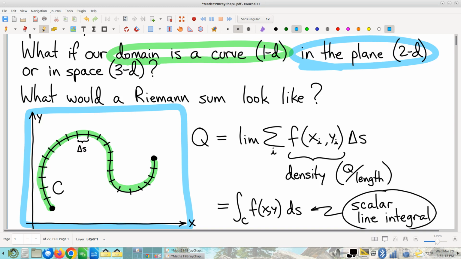Well, I would want to chop it up into little pieces and look at the mass on each individual little piece and then add up over the entire thing, right? I would want to make an accumulation argument. I would want to have an integral of some sort, kind of like every other integral we've ever studied, but we don't.